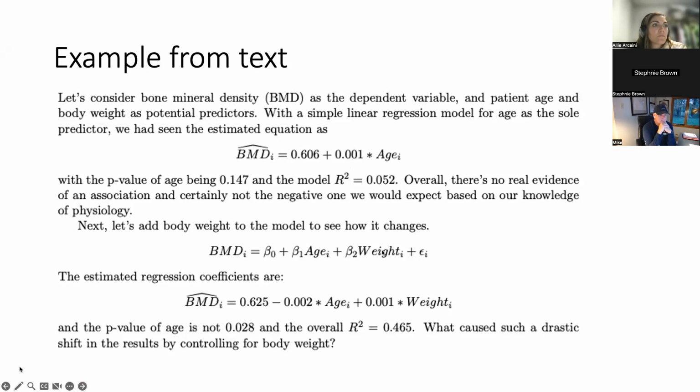So let's add another variable that we might think would be related to bone mineral density, and that's weight. When we add a person's weight to the model, we now get a completely different result. Take a look at what happens to the coefficient for age. Whereas initially it was positive, although small, now it's negative.